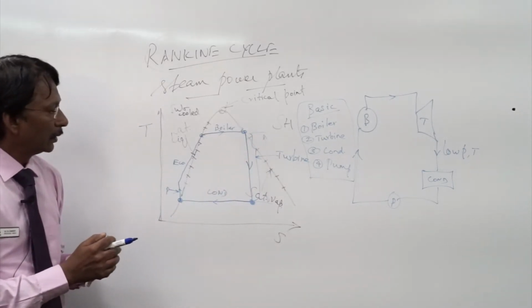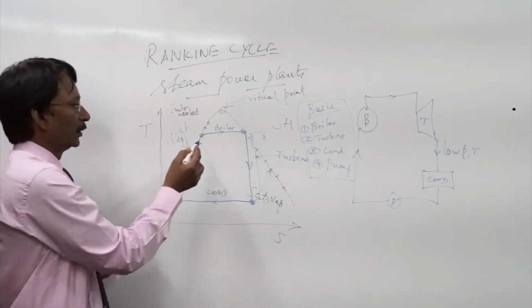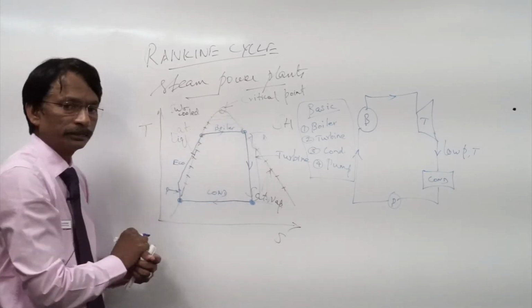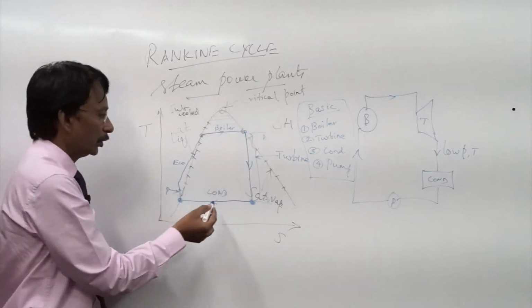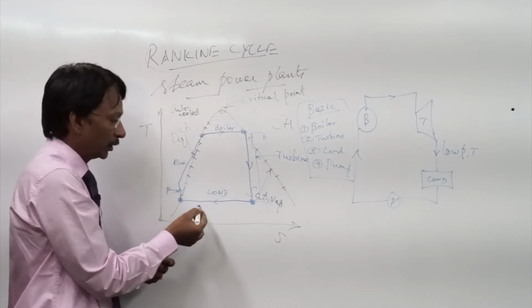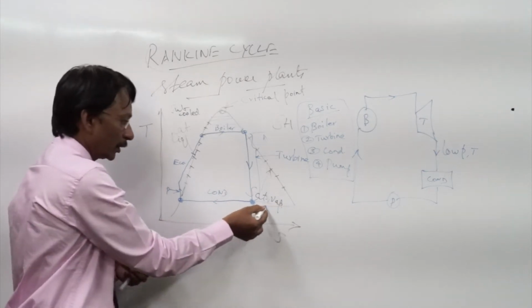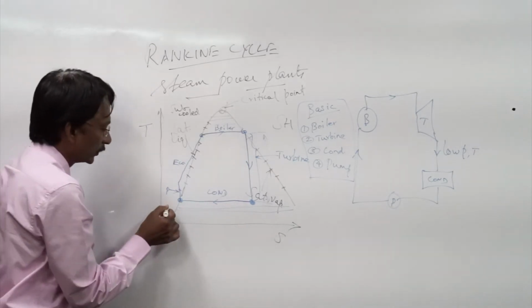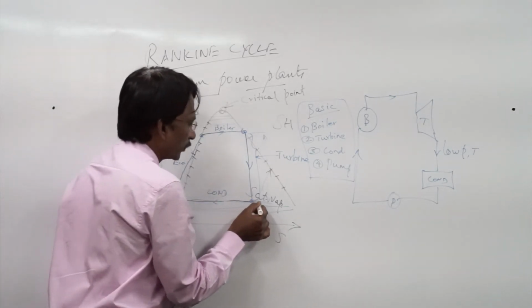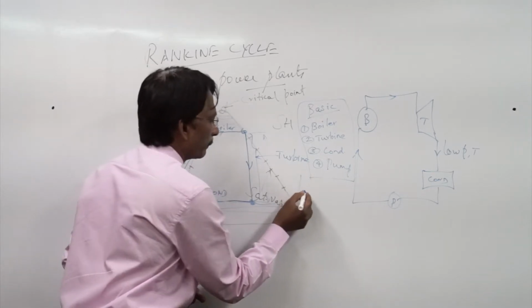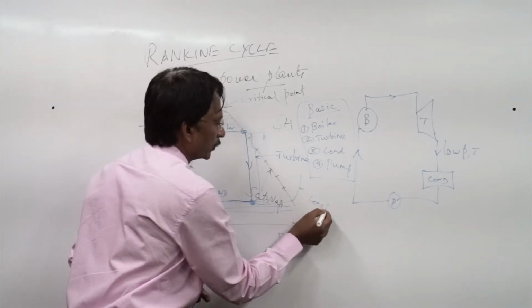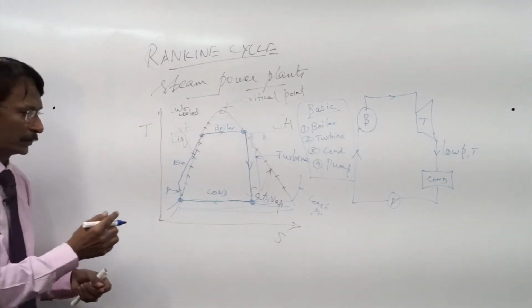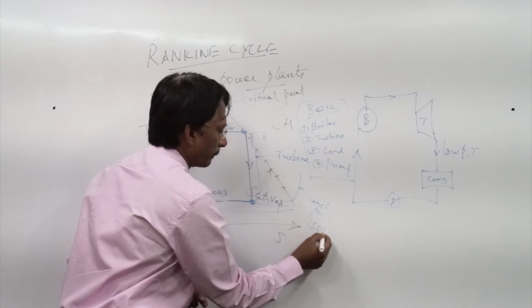And you would want the boiler pressure to be a little higher. And you would want condensation to take place even at lower pressures. Mind you, this is a constant pressure line, otherwise called an isobar.